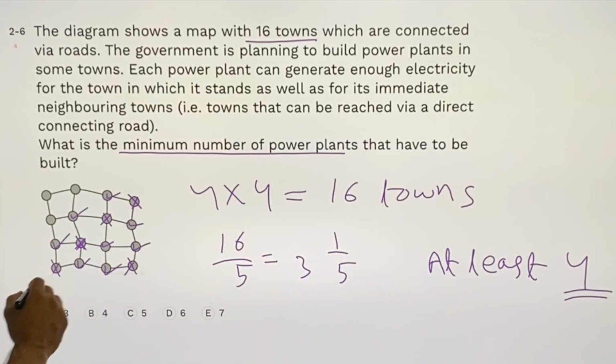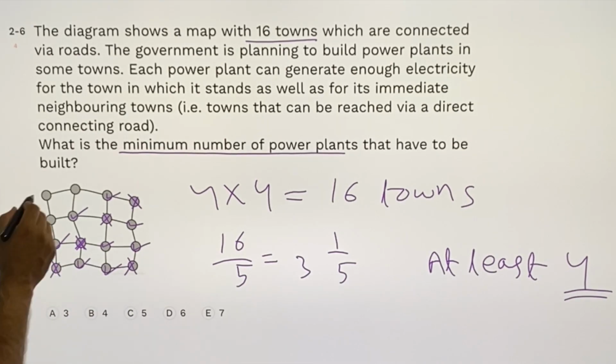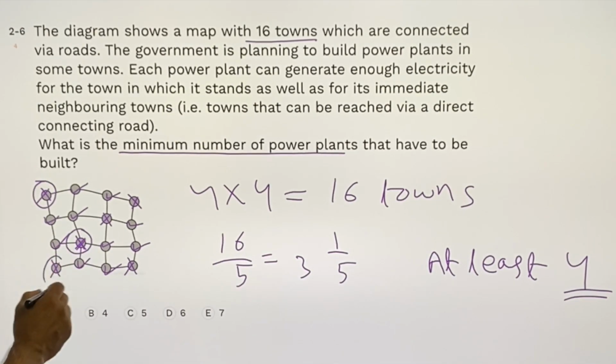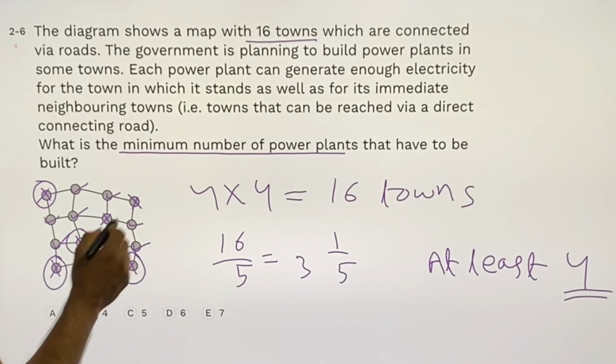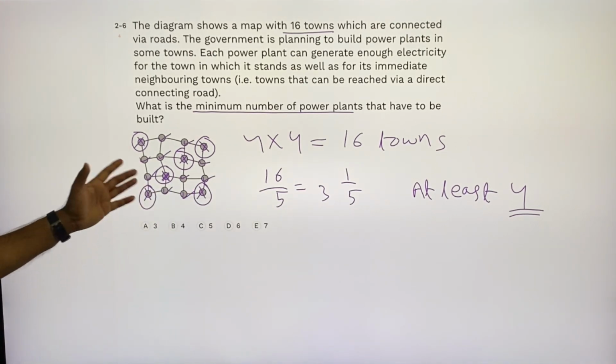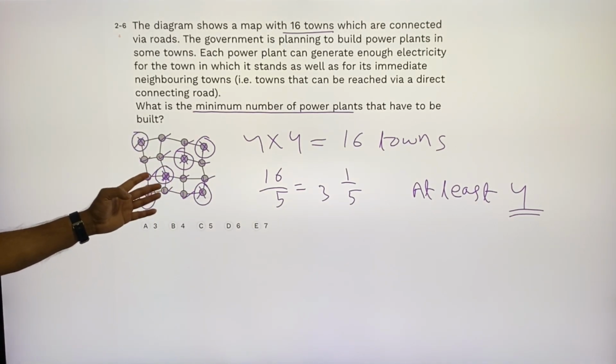I need one here because this was left out. If I put one here, then this can provide to these two villages. Now, how many power plants do I have here? 1, 2, 3, 4, 5, and 6. So I'm needing 6 power plants if I try this way.